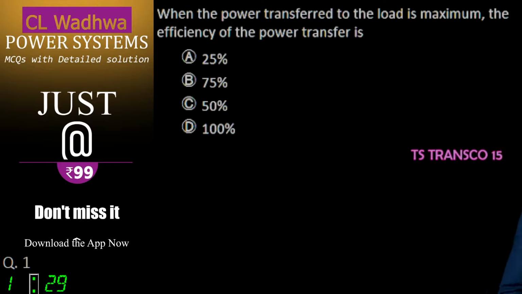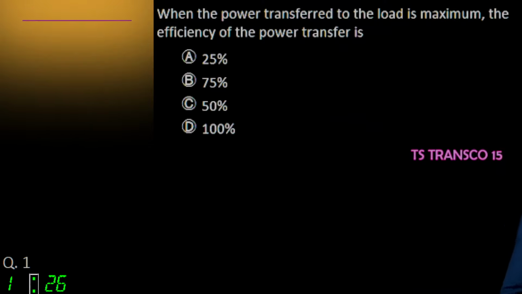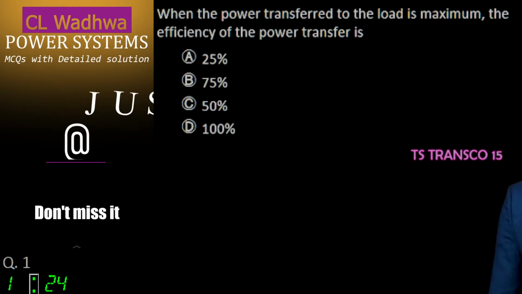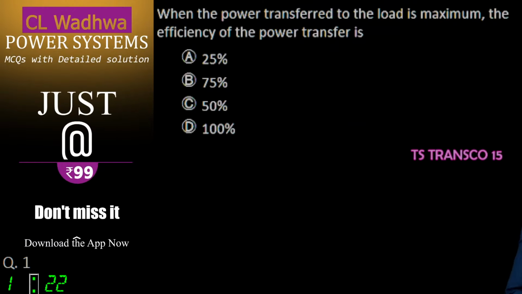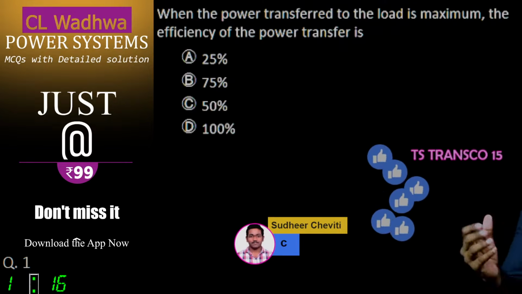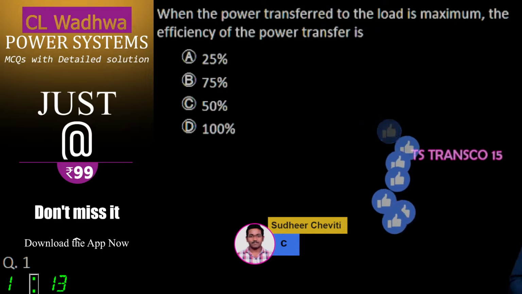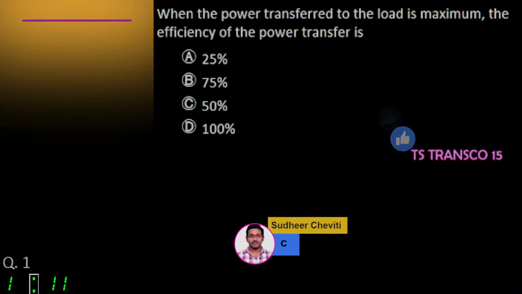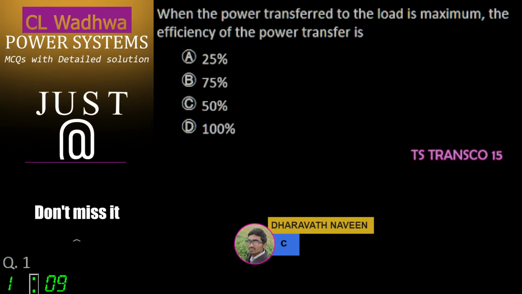Nice. Very good. Let's give it up for Sudhir. He's saying answer as C. He answered first. Good. Next, Naveen. Nice.